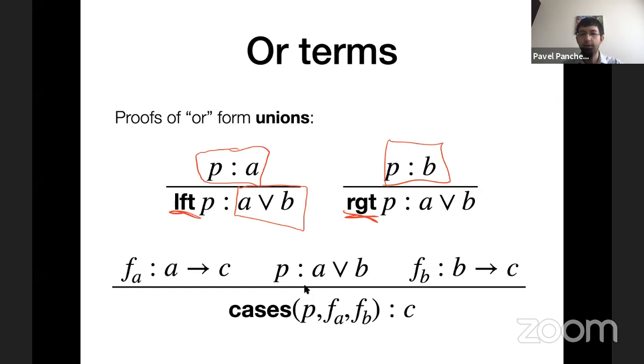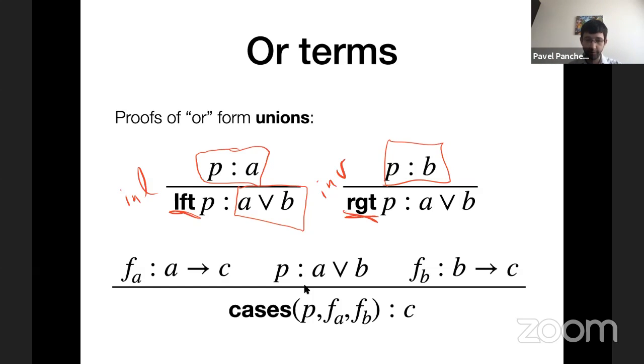Left is going to mean I'm going to prove A or B by proving A, and here's my proof P of A. Right is going to mean I'm going to prove A or B by proving B, and here's my proof P of B. So that's my notation for introducing or terms. And by the way, some people instead use inL and inR for these, for introduction left, introduction right. I think that's kind of ugly, but you'll also see that. So those are my rules for introducing or terms.